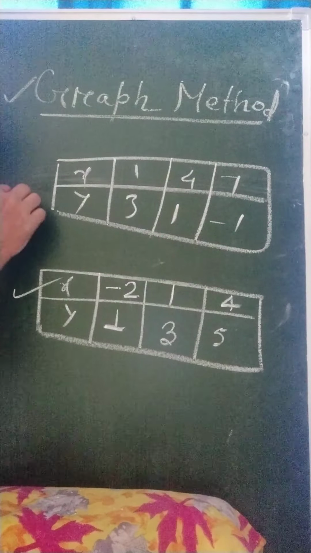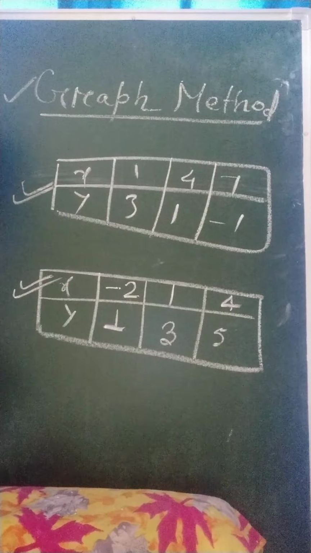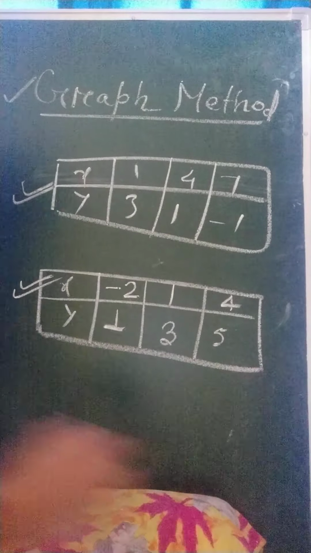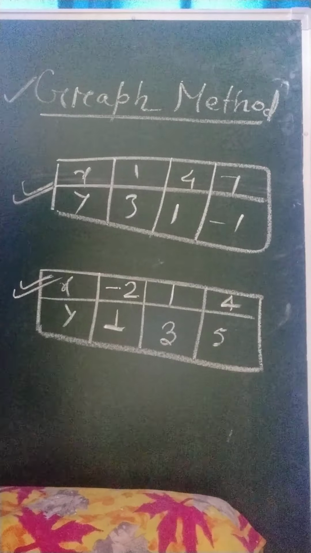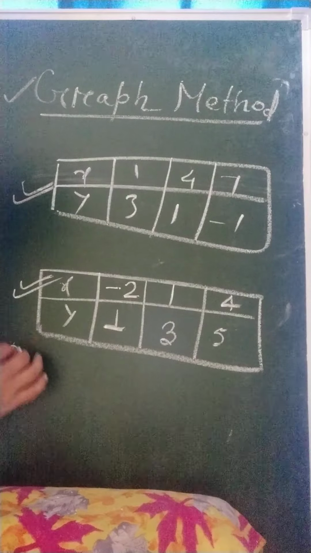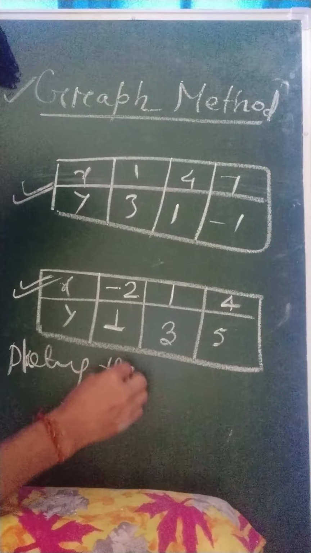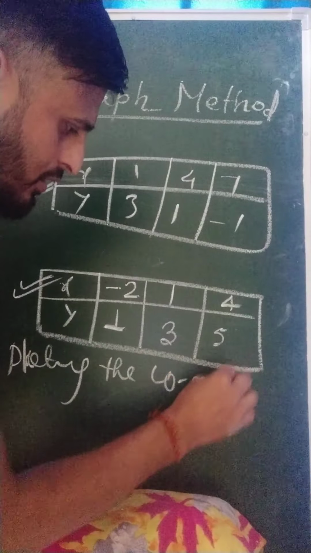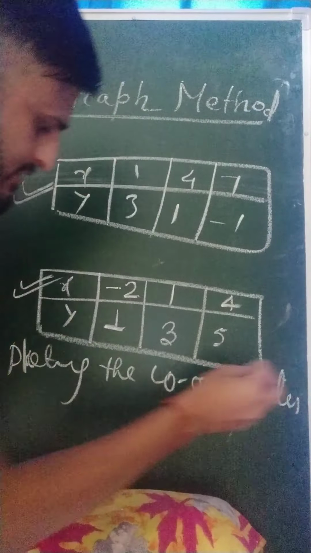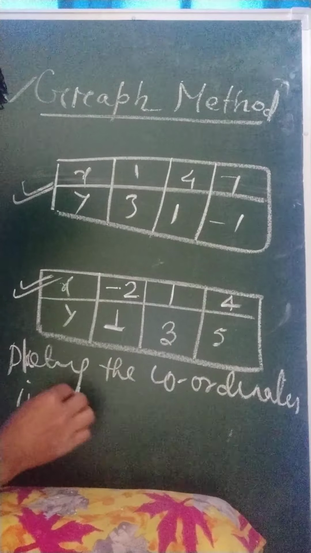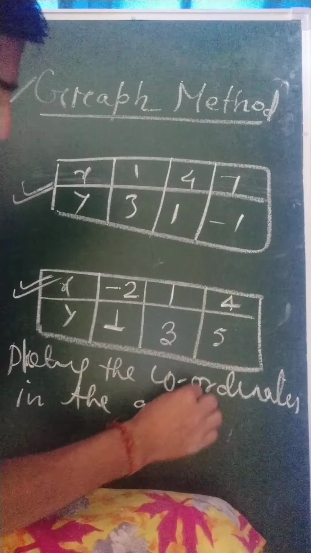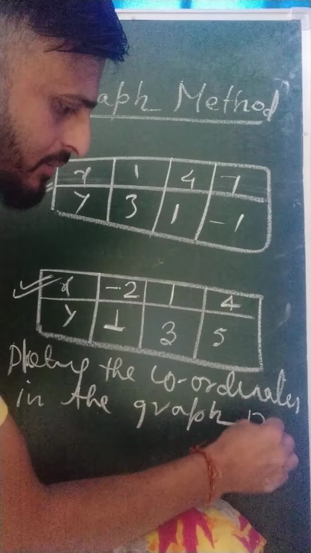So students, these two tables we will plot in the graph paper. So after finding the values for the tables, what will I write? I will write: plotting the coordinates in the graph paper. So we will plot the coordinates in the graph paper, student.